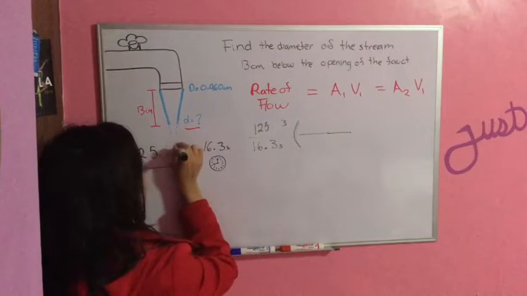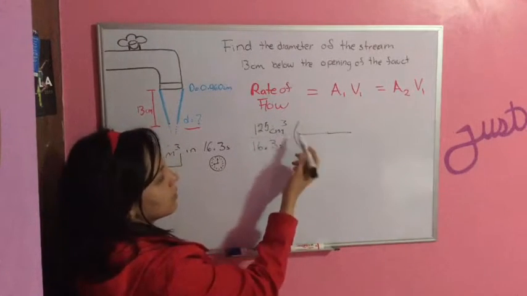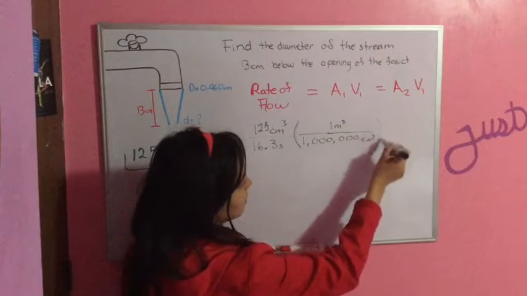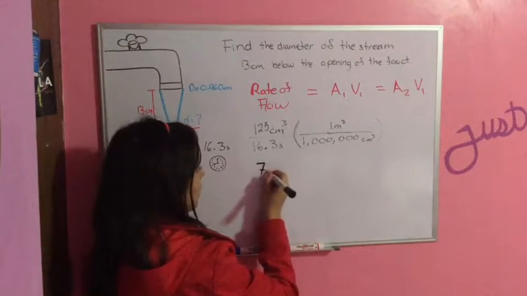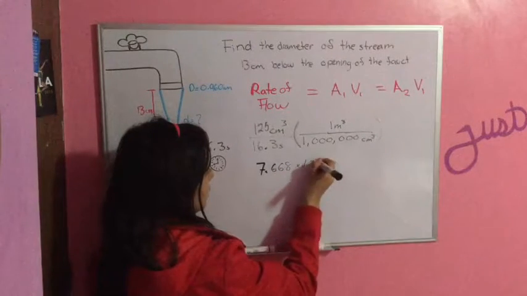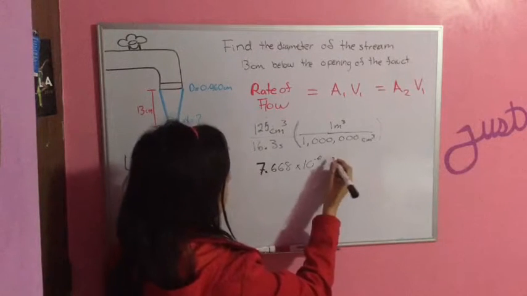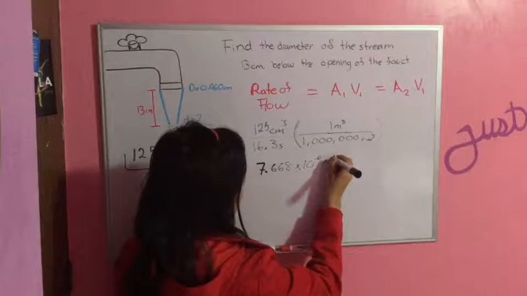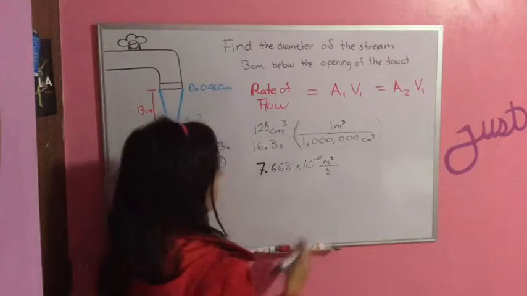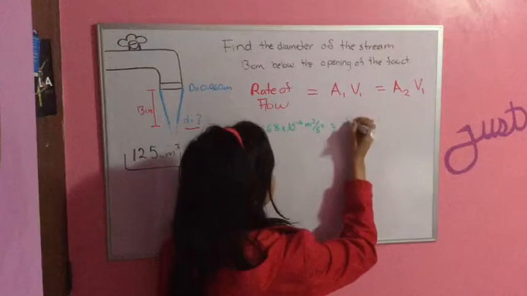This was in centimeters, so we have to convert it from centimeters to meters, 1 meter cubed over 1 million centimeters cubed. We get 7.6668 times 10 to the minus 6 meters cubed over seconds.